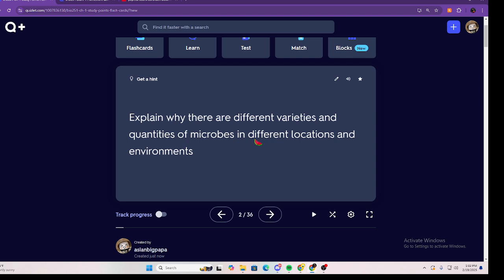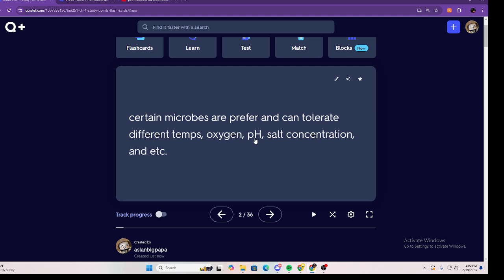Explain why there are different varieties and quantities of microbes in different locations and environments. Basically, microbes are everywhere because microbes can tolerate and prefer different temperatures, oxygen, pH, salt concentration, etc. One microbe can prefer cold environments with low to no oxygen, lower pH, and low salt concentration, while another microbe can thrive and grow in places of high temperatures, a lot of oxygen, high pH levels, and high salt concentration.